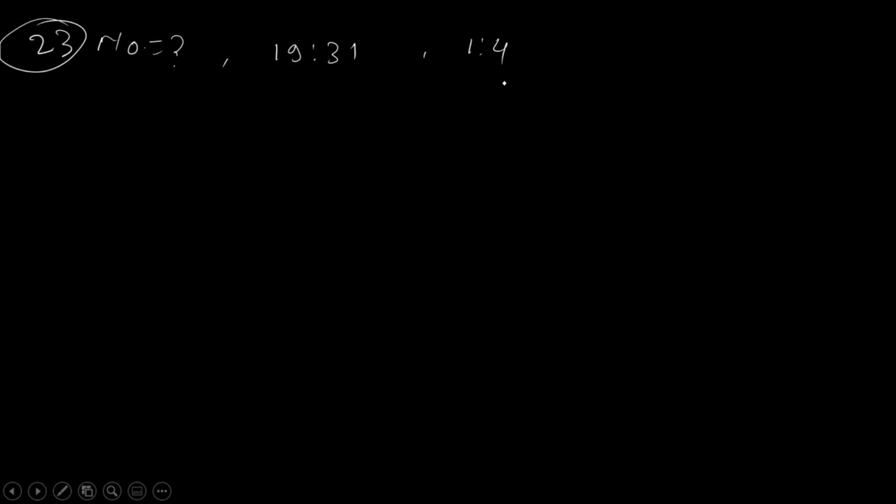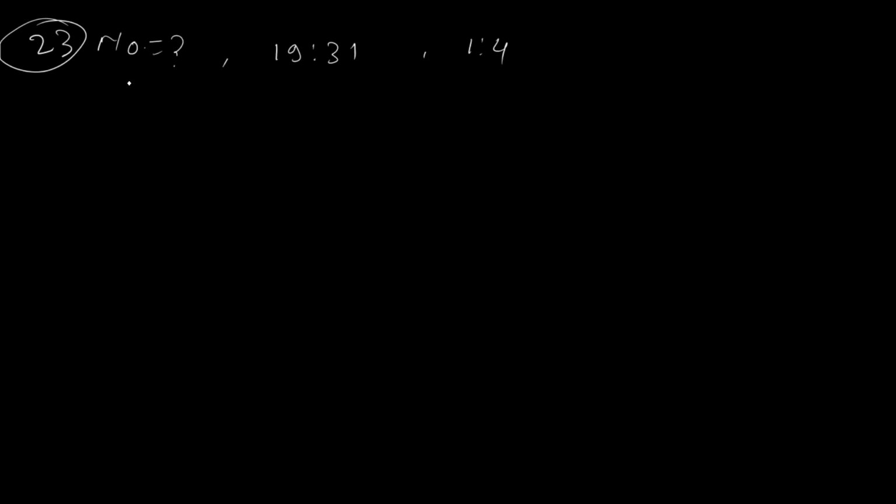Now see, read with me. The number which, when subtracted from each term of the ratio, meaning from 19 and 31, it will become 1:4.